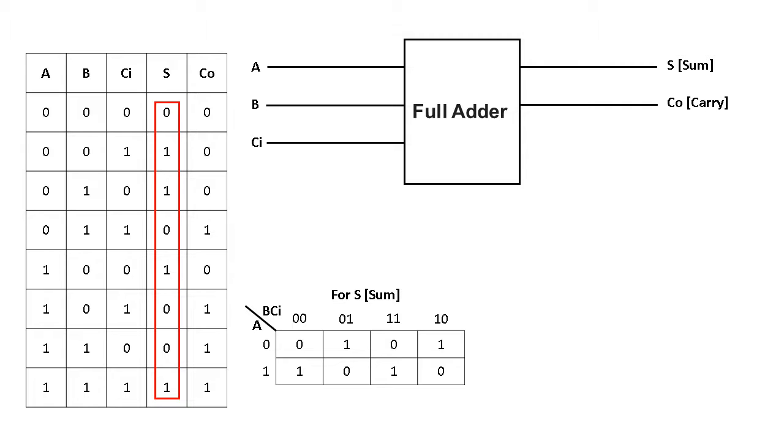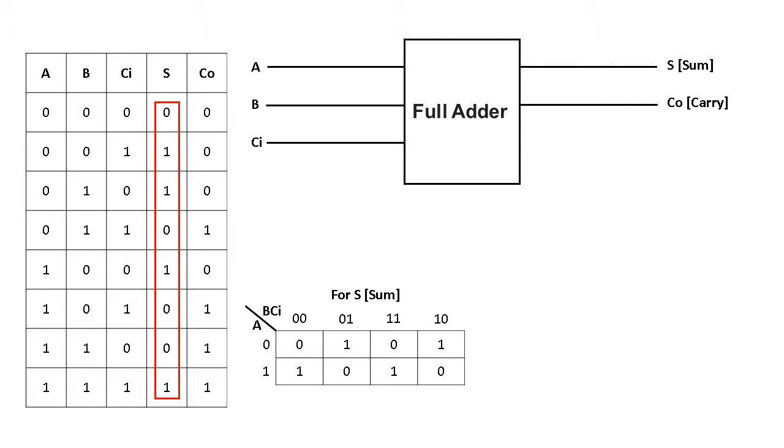You can see the position of the first row: 0 A, 0 B, 0 Cin, and the sum is 0. In the second row 0 0 1, the sum is 0. In the third row 0 1 0, and the sum is 0. Following the sequence of the function values of sum, we have drawn this K map.